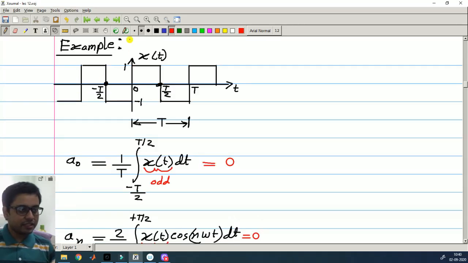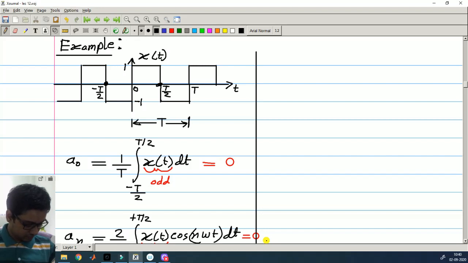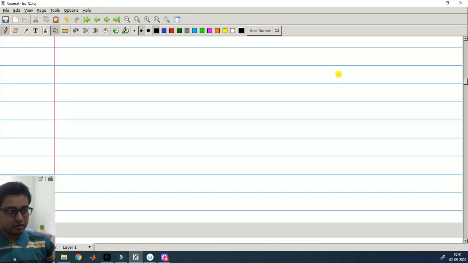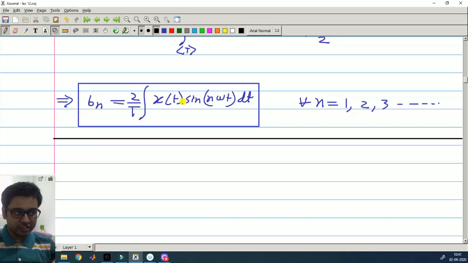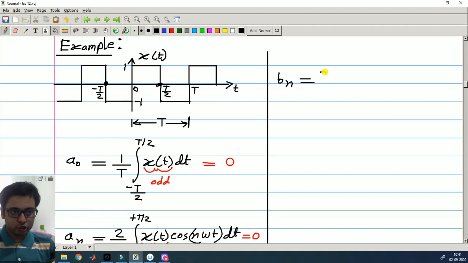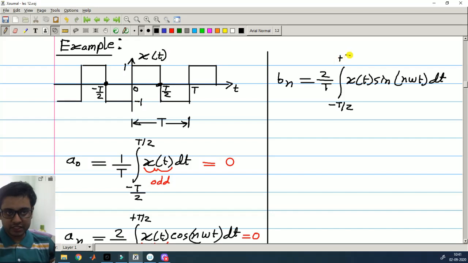Now let us calculate the coefficients bn. bn can be found with this rule. So remember this: 2 over T, integration of x(t) sine n omega t dt over a complete cycle. So let me do it from minus T/2 to plus T/2.